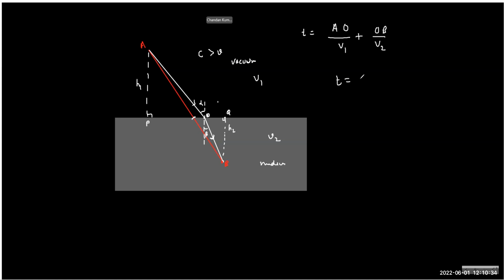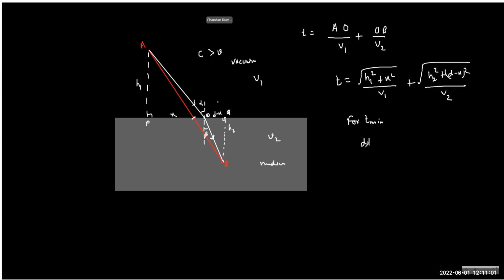And therefore you can clearly see that AO is how much? H1 squared plus X squared, okay. Again you can do the same thing, X and D minus X, divided by V1. I'm proving all the formula here at once. And then for T minimum, dt by dx should be equal to 0.